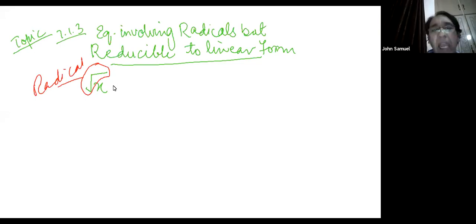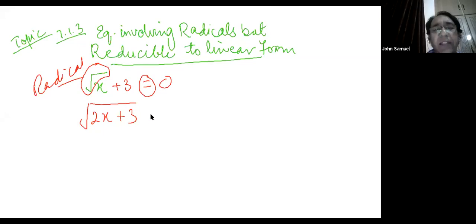And if it is like this, plus 3 is equal to 0, now see, due to this equality, it is known as a radical equation. It could be like this, the square root of 2x plus 3, plus 2 is equal to 0. It could be like this, minus 2 is equal to 0.